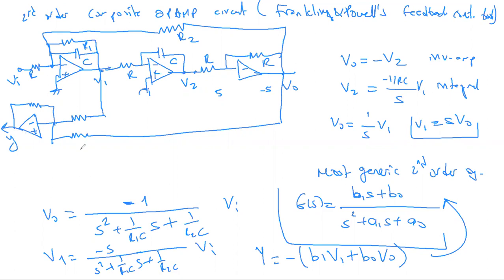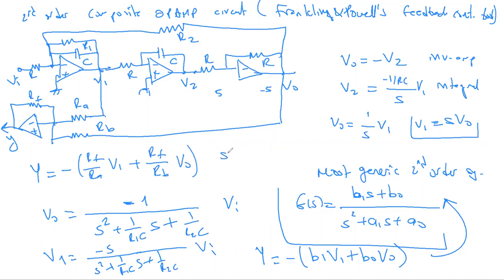This is to be the output, and I have here RA, RB, and RF resistors set in a way that I get any generic b1 and b0 coefficients. Y will be equal to minus RF over RA V1 plus RF over RB V0.